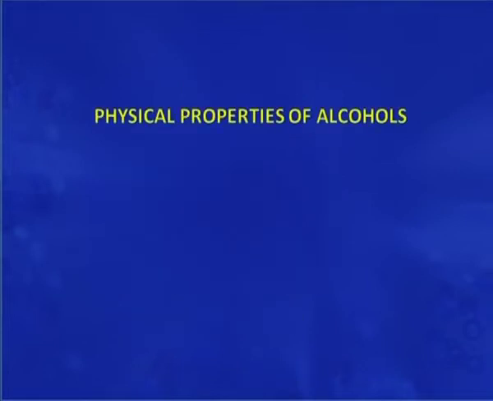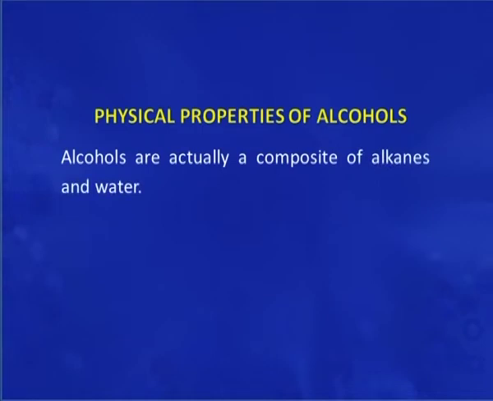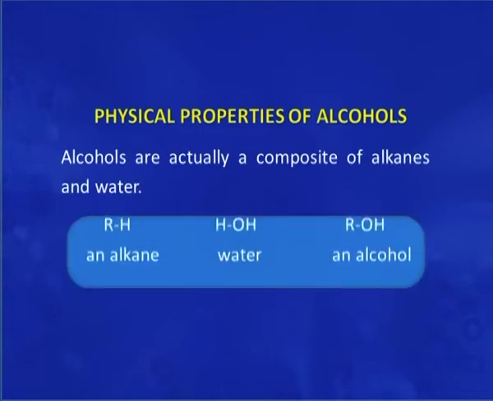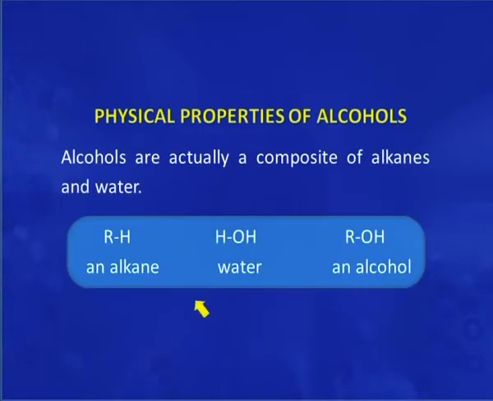Physical properties of alcohols. Alcohols actually are the composite of alkanes and water. As you can see here, if you replace the H of alkane by OH, then alcohol results.